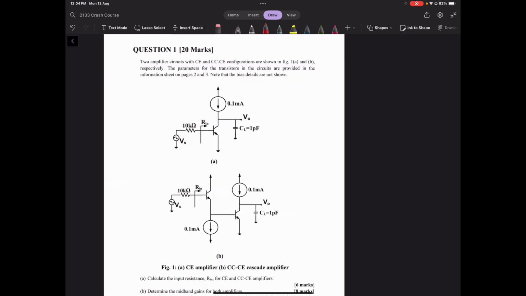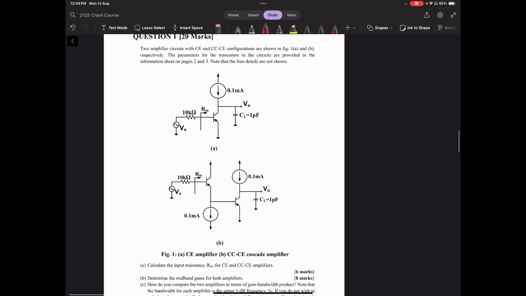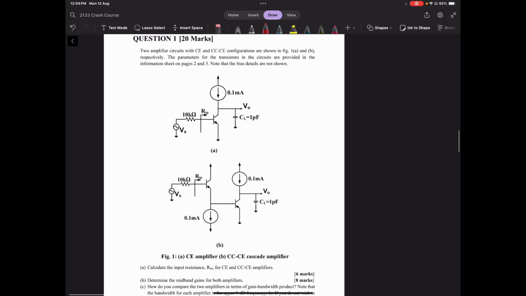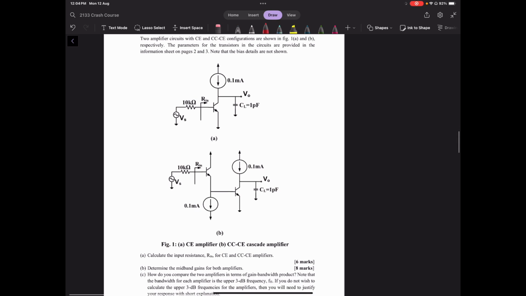Looking at question 1 here, we're given two amplifier circuits, common emitter and common collector configurations, and we are told that the parameters are provided in the data sheet.